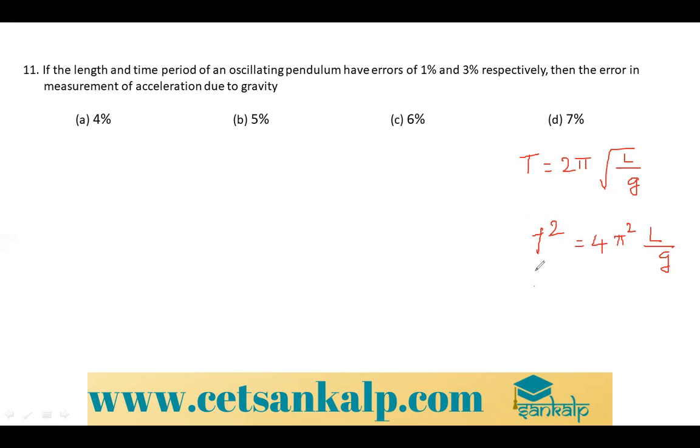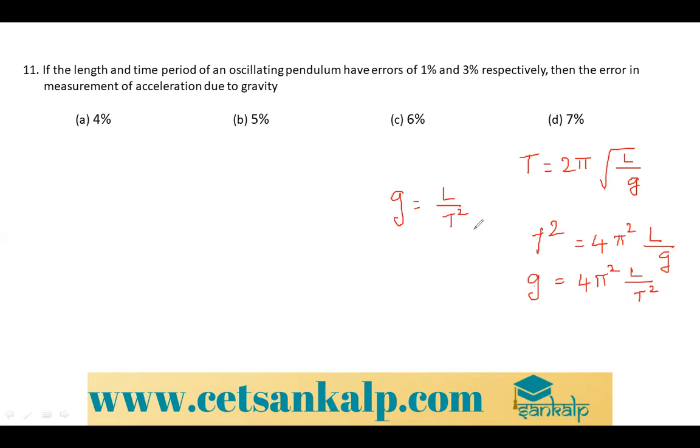But what I need is acceleration. So g is equal to 4 pi square into L divided by T square. But 4 pi square is a constant, so you are not supposed to consider this. Now the final thing is given as g is equal to L divided by T square.